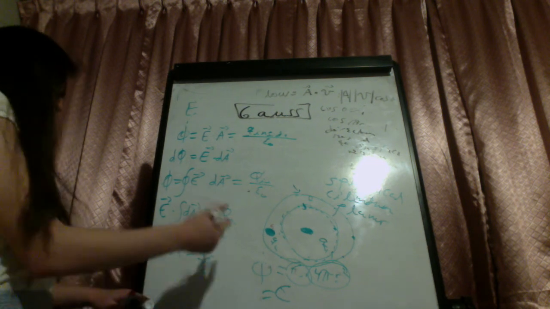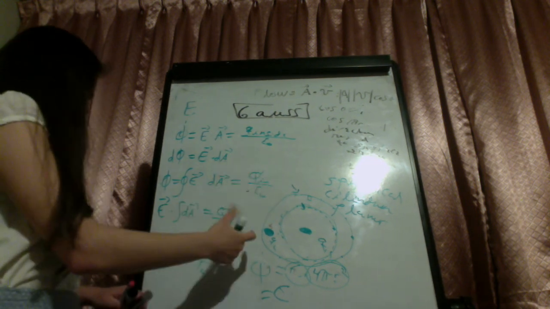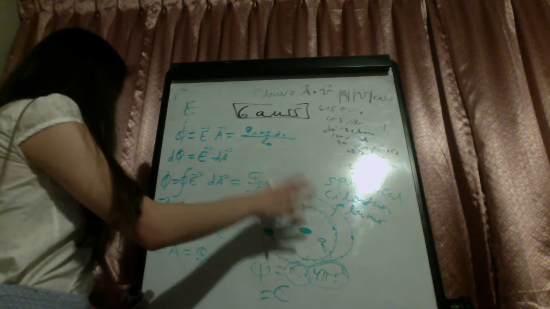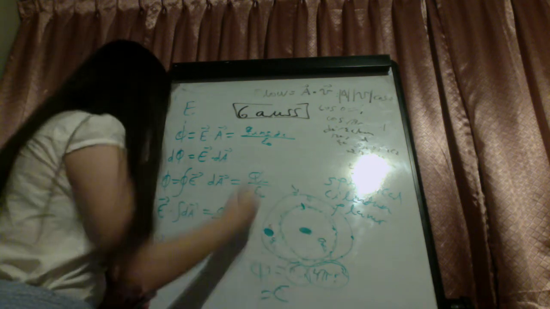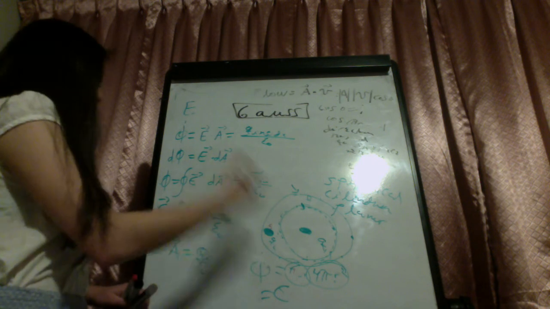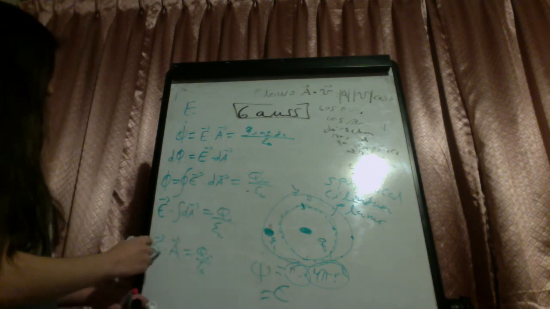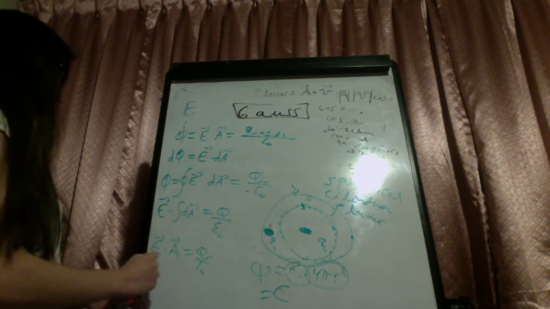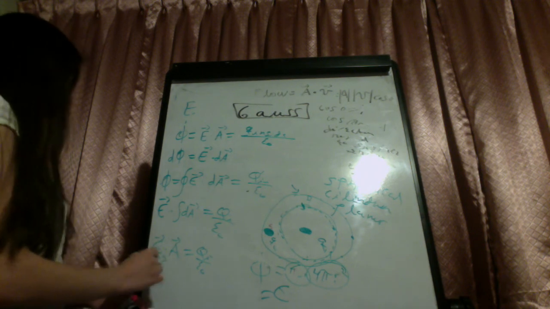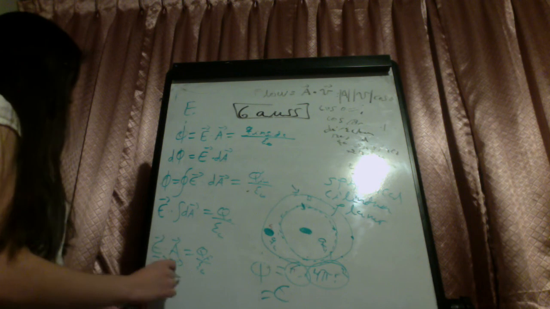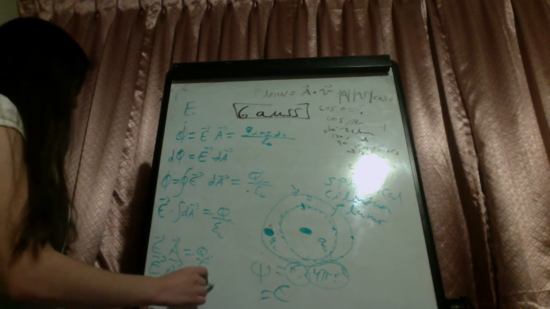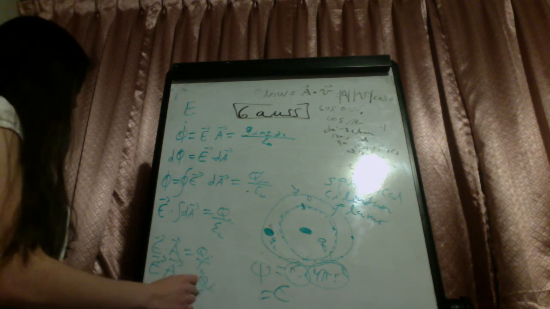Now here, if you see, the electric field is perpendicular to the surface. That means that the electric field is parallel to the area vector. So the cosine would be just 1, and so you could just write it as the electric field times the area is Q inside divided by epsilon naught.